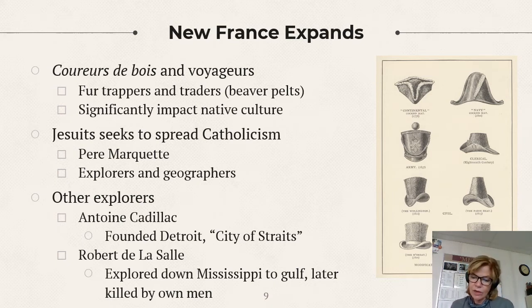He came over and he tried to proselytize the religion and spread Catholicism to the Native Americans. But not only that, we know a lot about what happened when they came here because these Jesuit priests kept very elaborate records of everything that they noticed, kind of like Las Casas did for the Spanish.